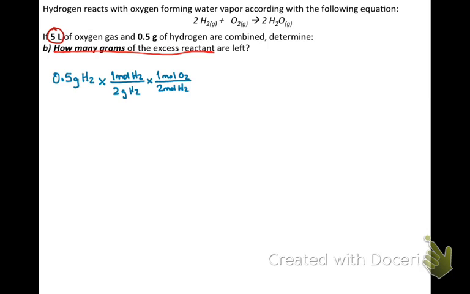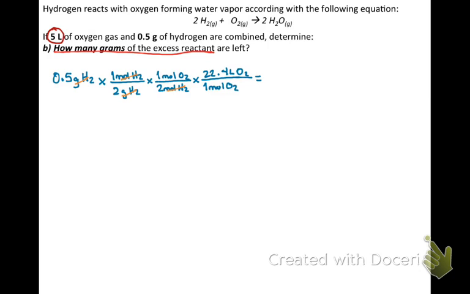As the amount of oxygen is in liters, I can do what we did in the previous problem, transform this into liters. So 1 mole of oxygen is 22.4 liters of oxygen. Unit cancellation.